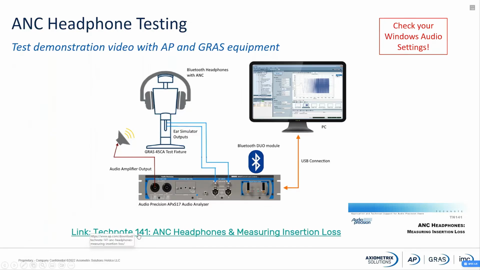How can we calculate signal to noise ratio using the APx500 software? Well, first I did a noise measurement without any signal, and then I made another measurement with signal. If you download the project file of the APx, it doesn't matter if you don't have an APx analyzer.